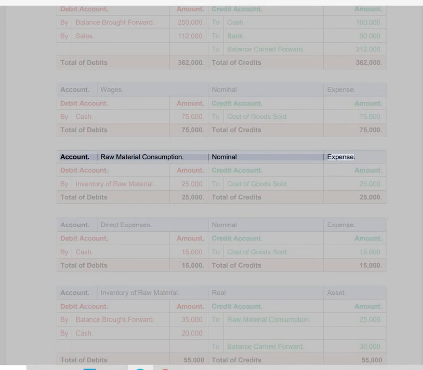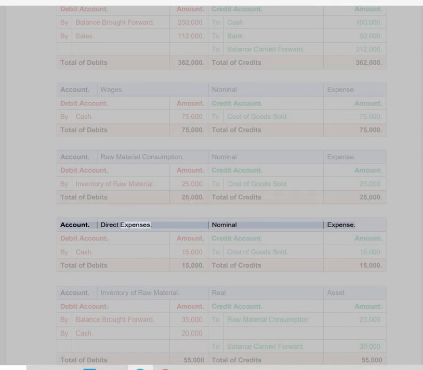Nominal expense. Debit account, amount, credit account, amount. By inventory of raw material, 25,000. To cost of goods sold, 25,000, total of debits 25,000. Total of credits 25,000.